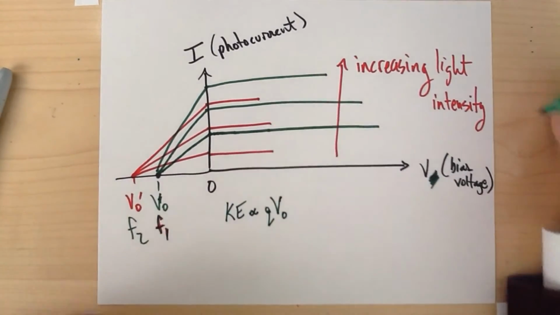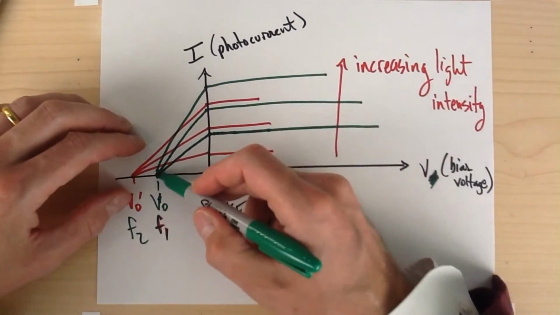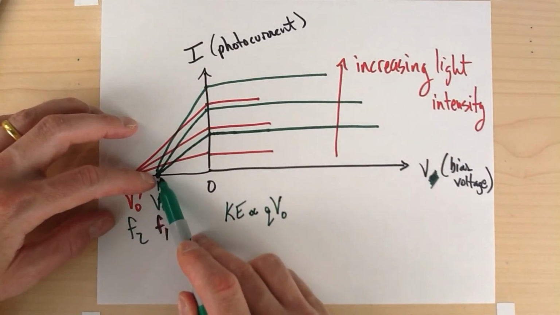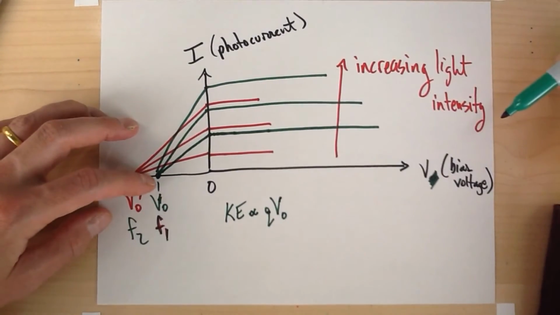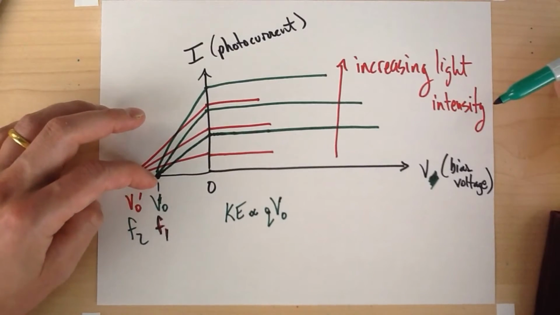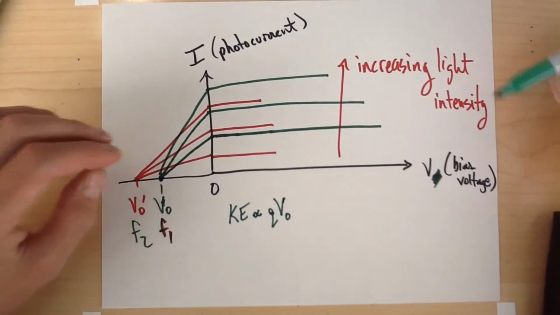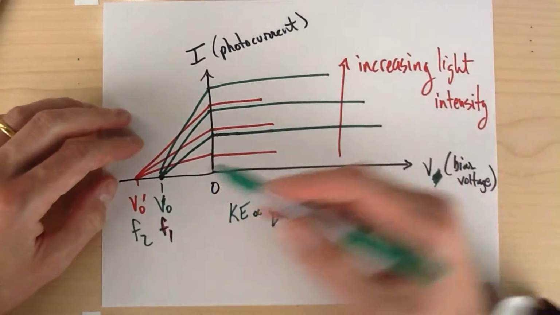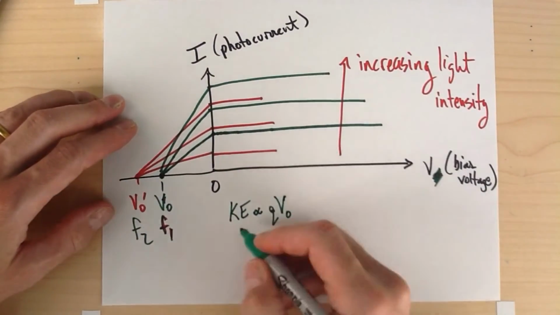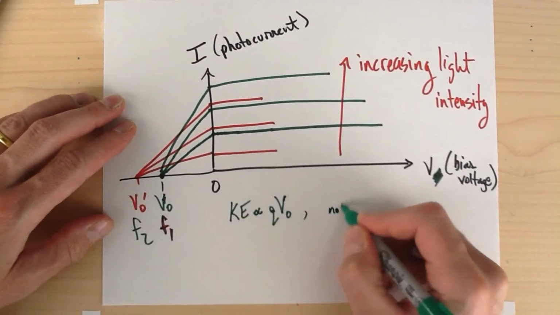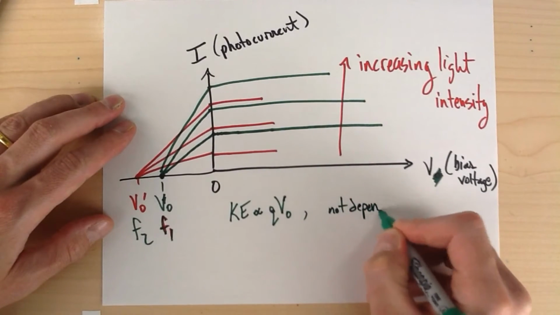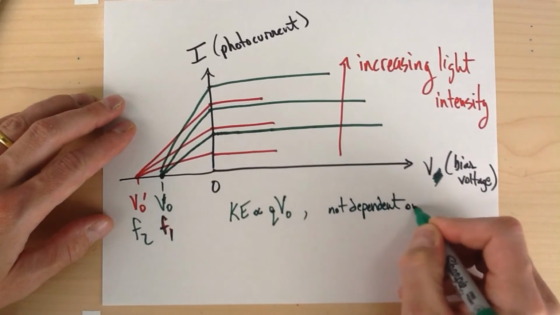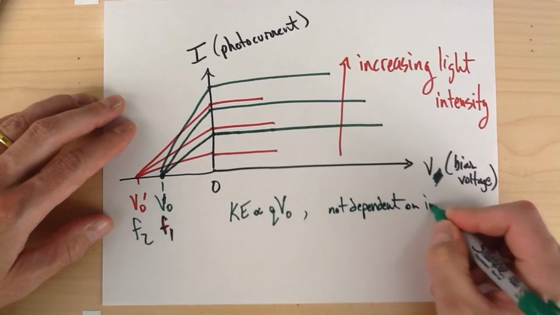That must be the maximum kinetic energy, because at that point the energy of the potential field is just strong enough to prevent any electron from reaching the anode. And this point is not dependent on intensity.